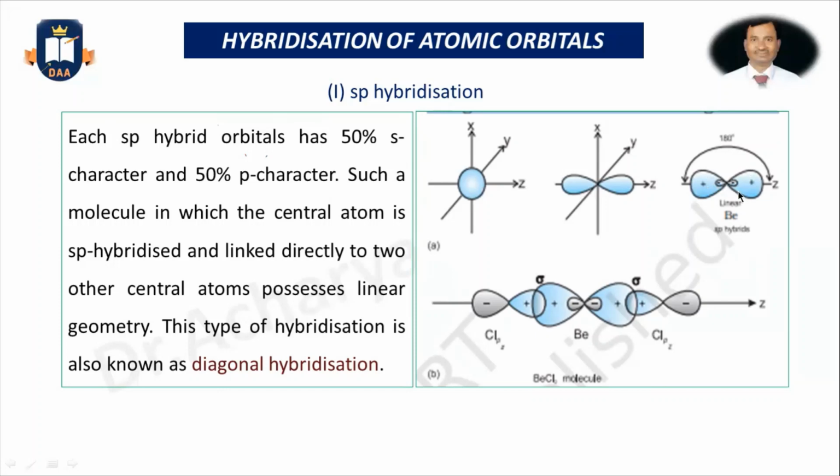That means 50-50. Such a molecule in which the central atom is sp hybridized and linked directly to 2 other atoms possesses linear geometry. So this is the linear geometry. And this type of hybridization is also known as diagonal hybridization.